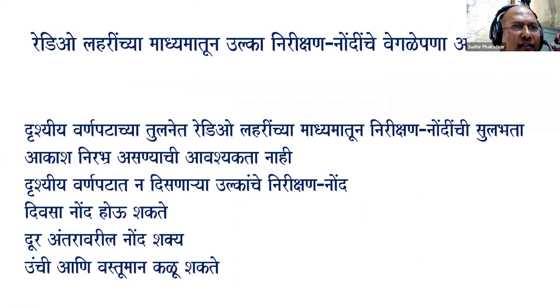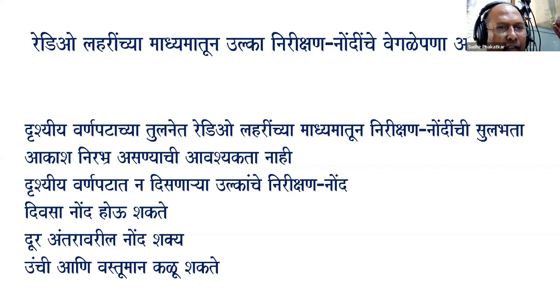So what is the difference between observation of meteors in optical and radio? Radio is easy, but optical is also easy. And nowadays for optical, 360-degree cameras are there, and people use those cameras for continuous observation of meteors.